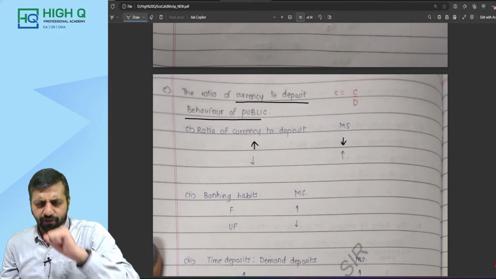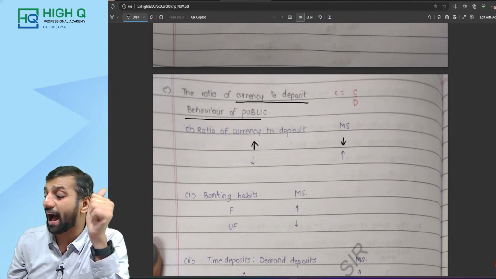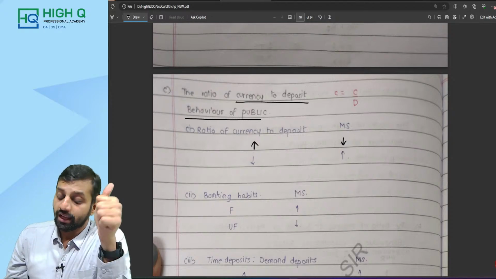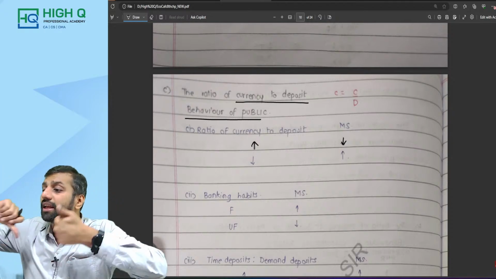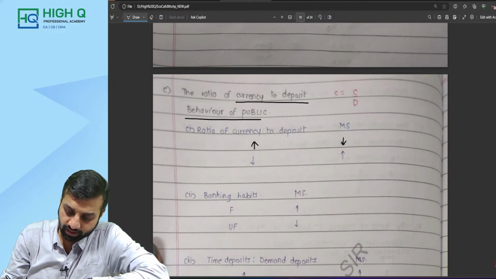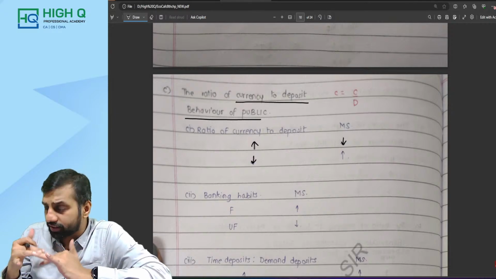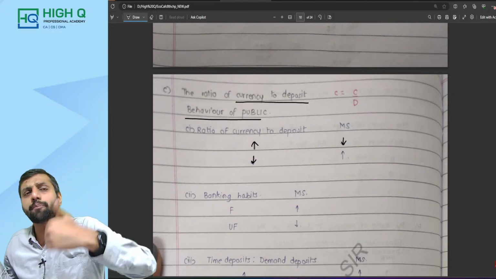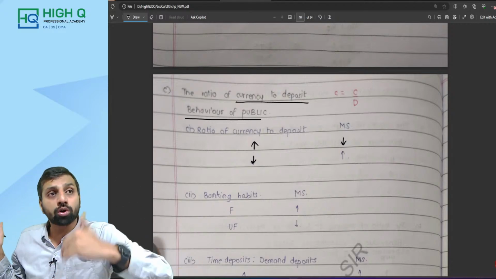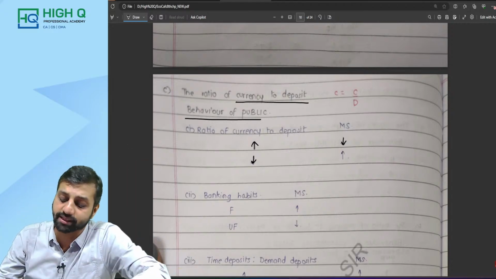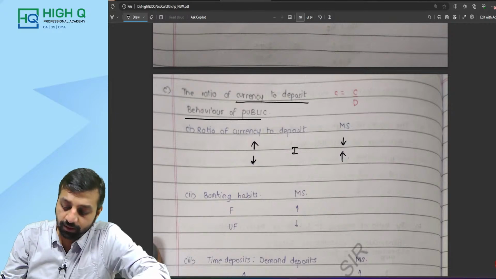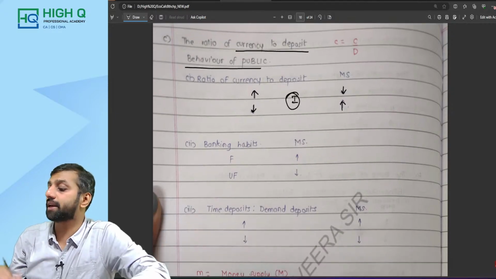So, if currency to deposit ratio is high, then the money supply will be low. If the currency held with the public is less, that means they are depositing their money in the bank. The more the money with the banks, the more will be the money supply. Therefore, the relationship is inverse.